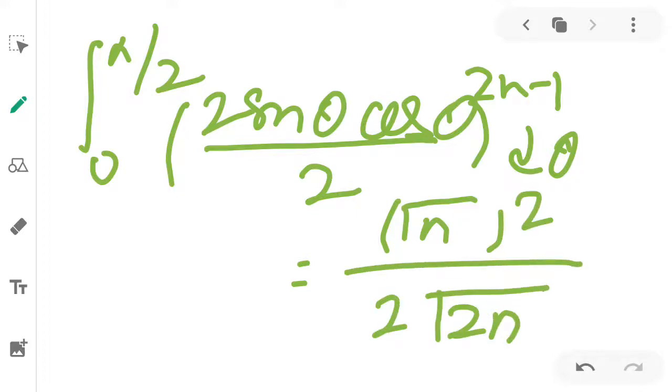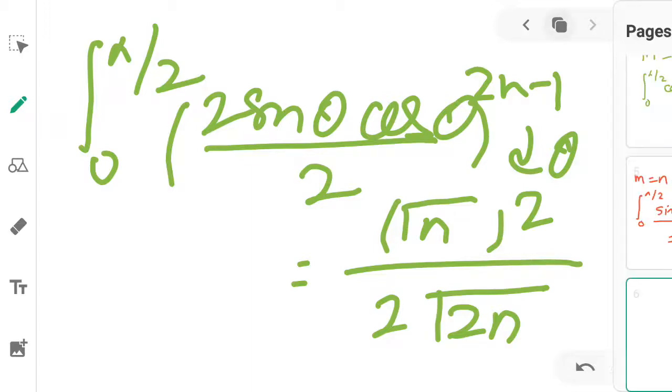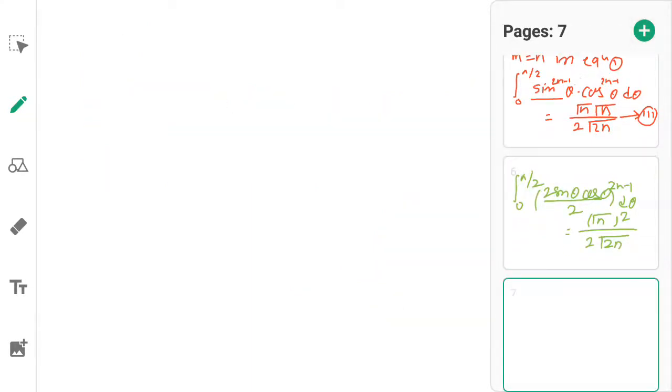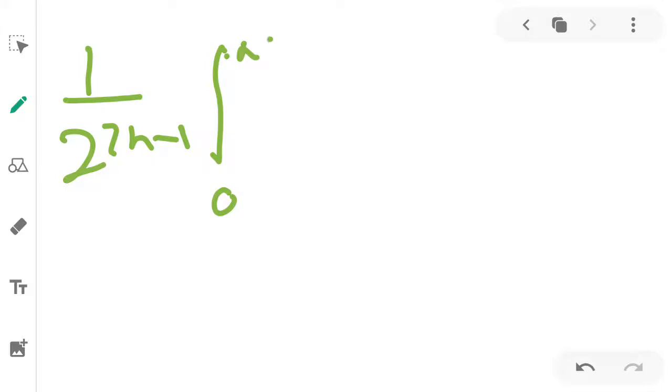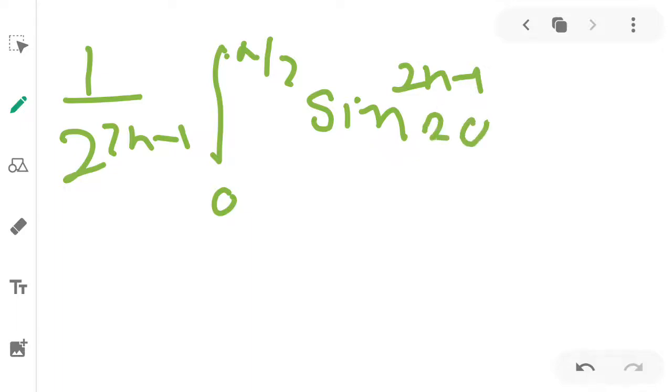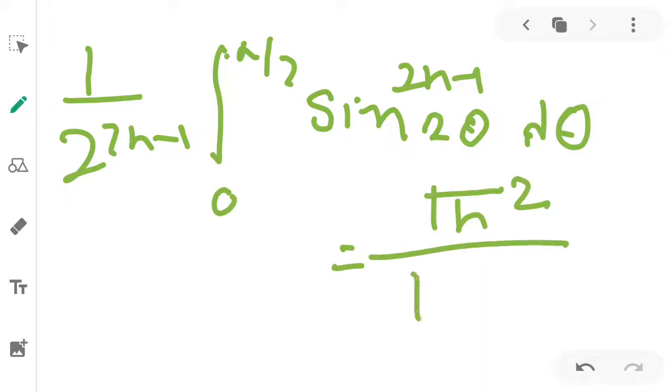This gives 1 upon 2 to the power 2n minus 1 integral 0 to pi by 2 sine to the power 2n minus 1 of 2 theta d theta, equal to gamma n square upon gamma of 2n into 2.